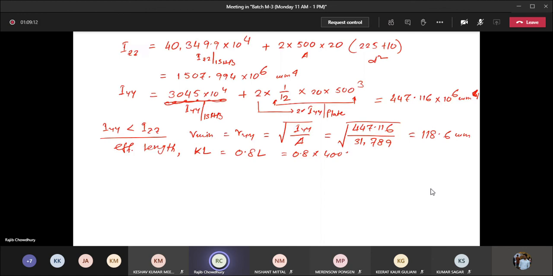So what is the thickness of the flange? Effective thickness of the flange, tf. What is meant by the effective thickness of the flange? Effective thickness of the flange means thickness of the flange due to the I section, and on the top of that your plate is being provided. So the thickness of the flange tf for ISHB plus 20 mm.